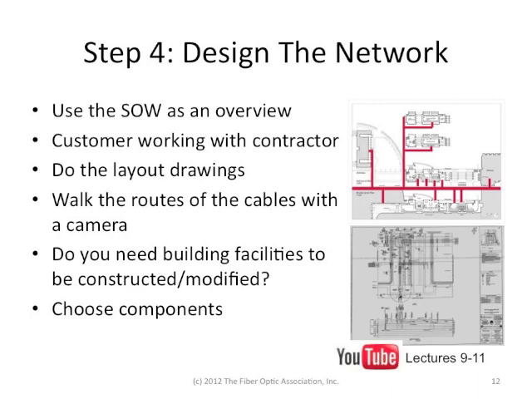Then you want to physically walk or drive the routes of the cable and take pictures, because that will be the way you can refer back to what is going to be the route and special problems in installing the cable plant. You need to decide if you need building facilities to be constructed or modified. And when you have the basic layout designed, then you're ready to start choosing the components that you're going to use.